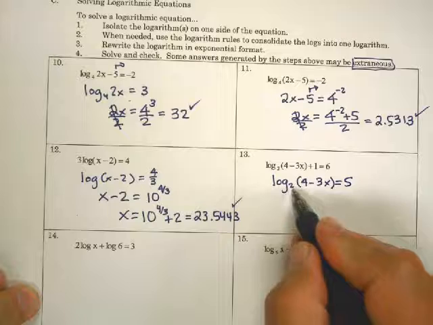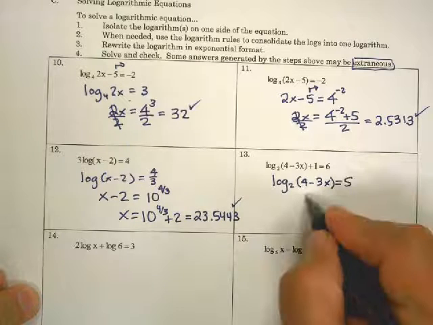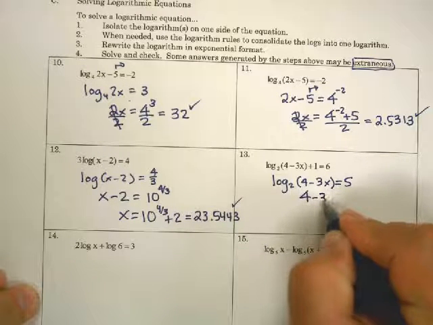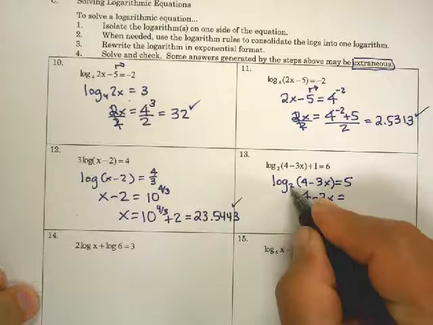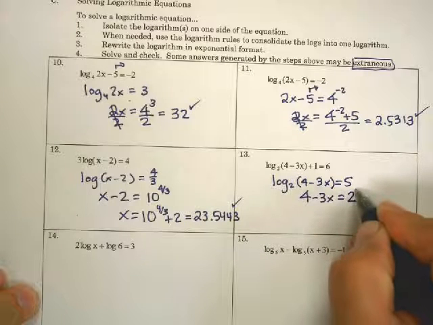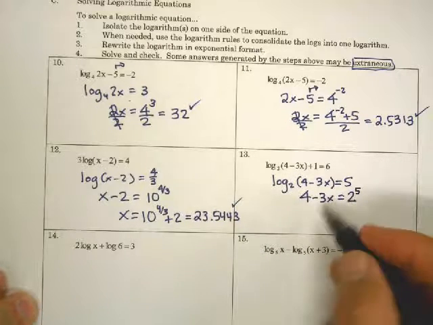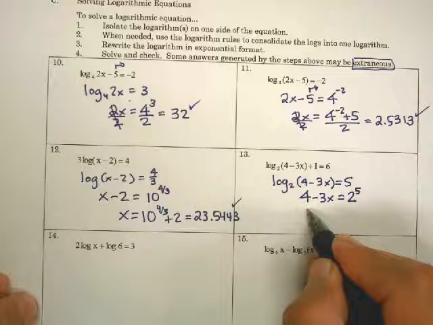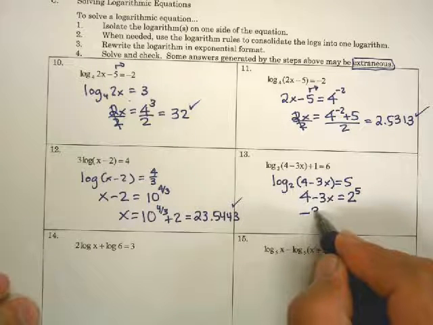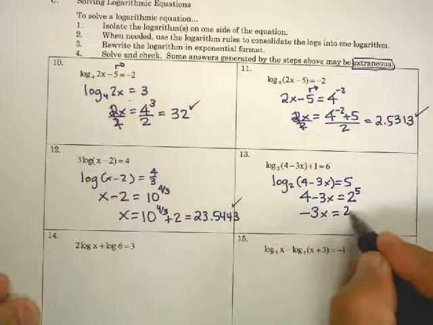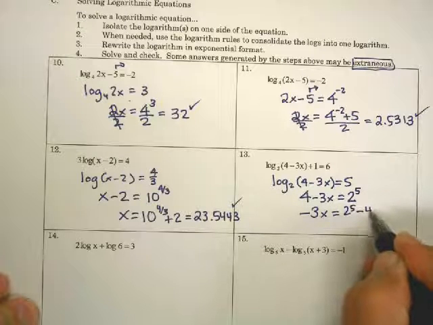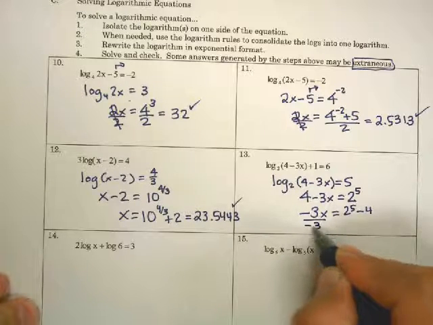Then you go 2 to the 5th on the other side. Your base is 2, so make sure you put that underneath the little exponent of 5. And we're going to subtract 4 off both sides. And divide by -3.